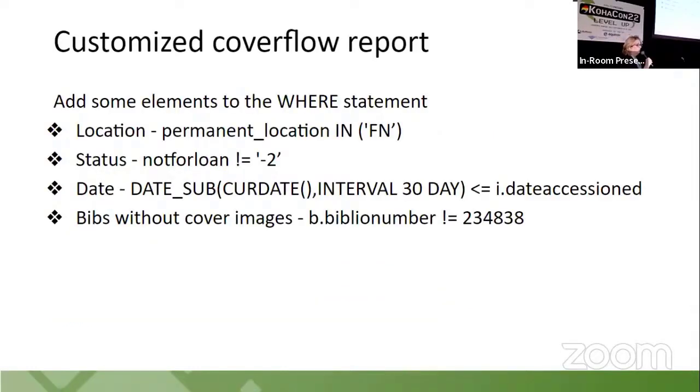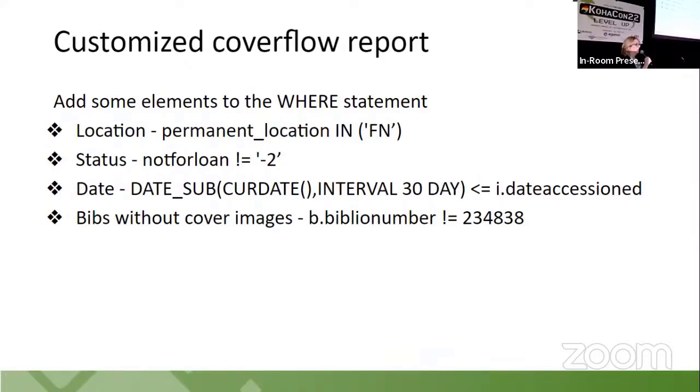So these were the additional fields that we put in the where statement in the SQL. So each of ours, we're basing it on a location. So I used permanent location. Originally, I used just the location, and that FN is our location of fiction new.